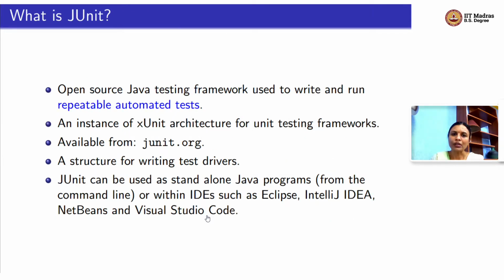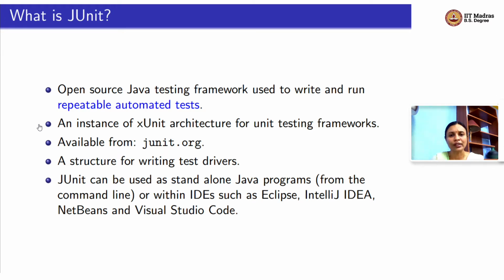JUnit is a tool that will help you to do this. It's an open source testing framework for Java. It can be used to write, design, and run automated tests, and this whole process can be repeated several times. We will specifically look at JUnit, but corresponding unit testing frameworks exist for several other programming languages.